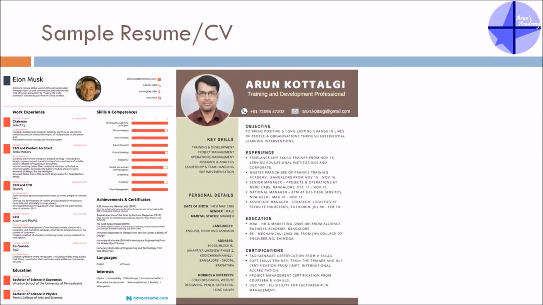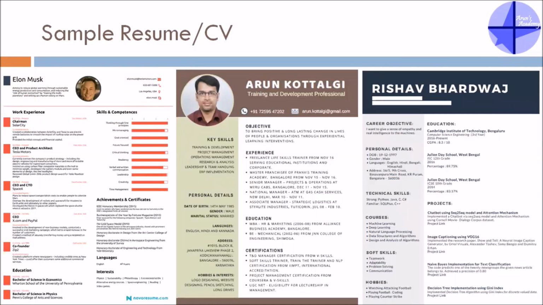Again, a different format is used to showcase the experience, education, and all the details discussed. The last example is the CV of a final year engineering student. In all these examples, different fonts, formats, and designs are used to make it really attractive, comprehensive, and concise.